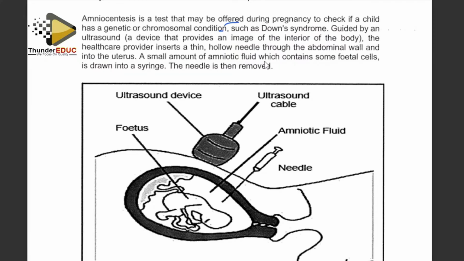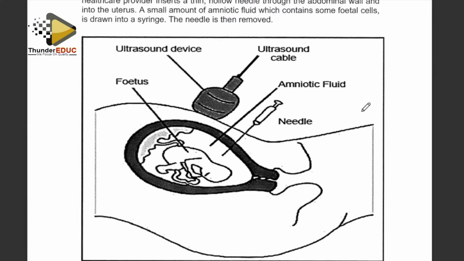A small amount of amniotic fluid is then withdrawn into the syringe. The needle is removed. So they're just telling us.